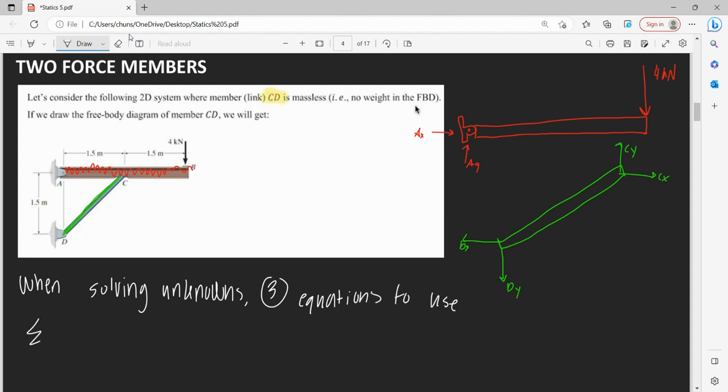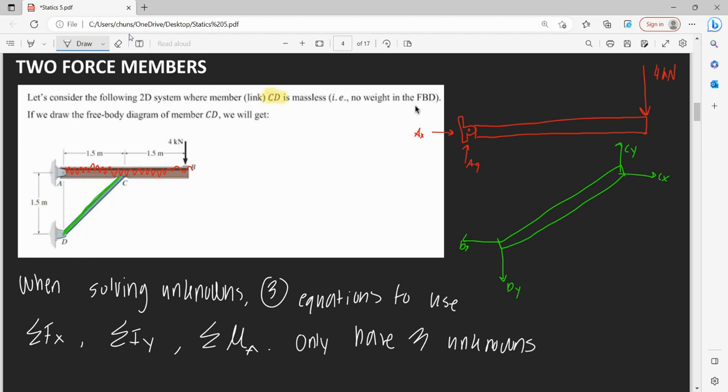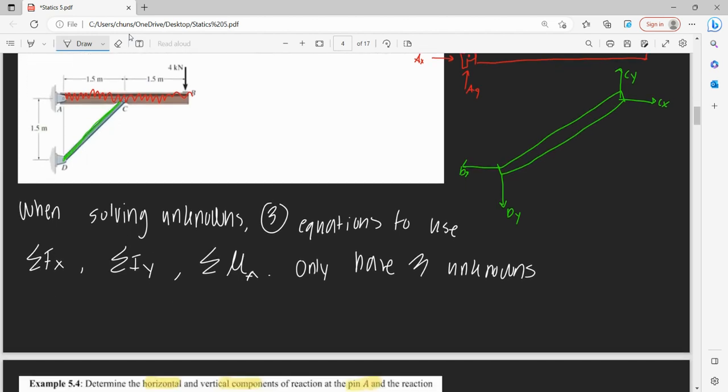So we can solve for our sum of x, sum of y forces, as well as the sum of our moments about a certain point. So let's just say A for now. So you can only have three unknowns. So it's also a good indicator if you need to simplify.